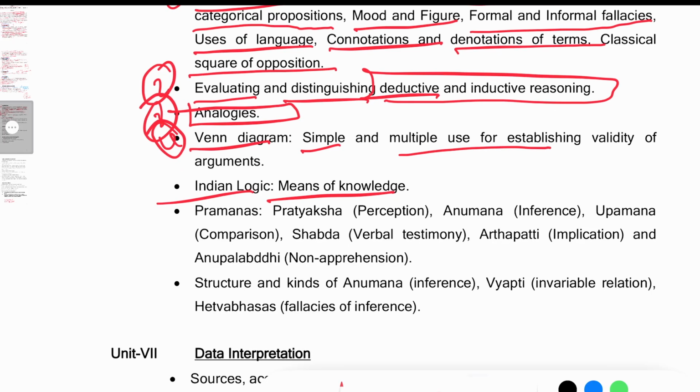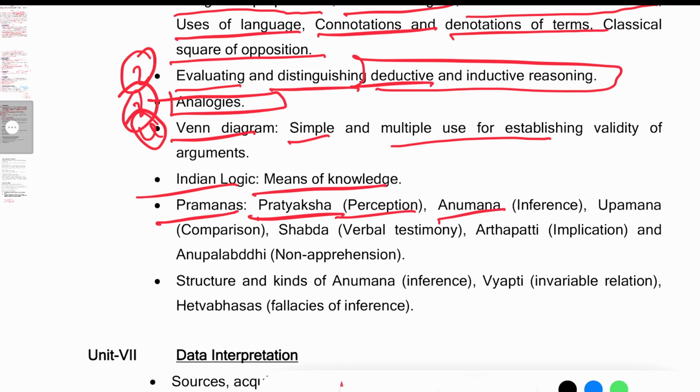Pramanas. In Pramanas, we will read about Pratyaksha, which means perception, Anumana, which I think is derived from Sanskrit, or maybe from South Indian languages or the Dravidian family of languages.